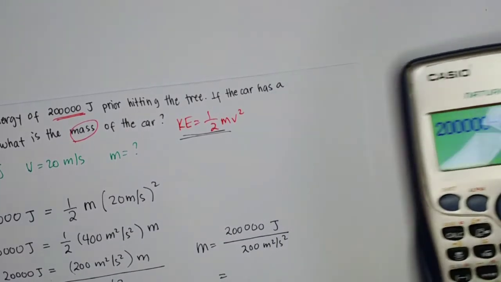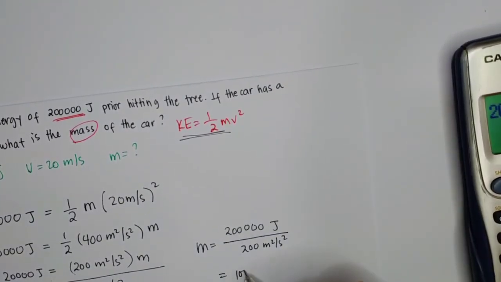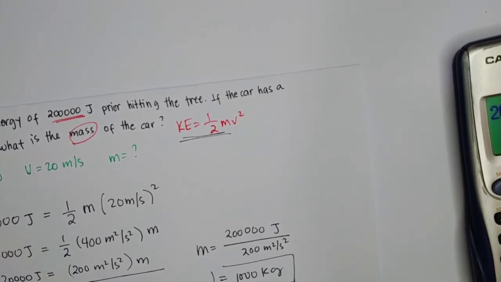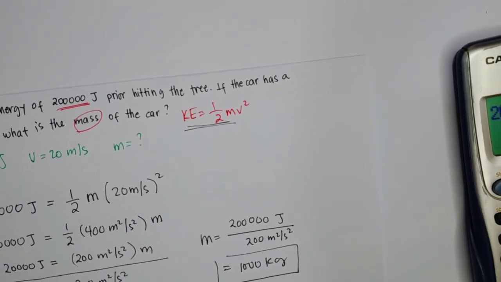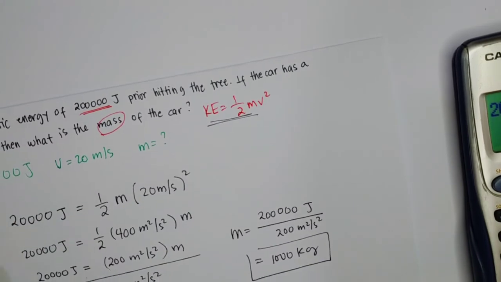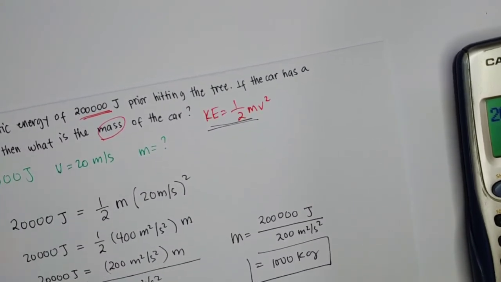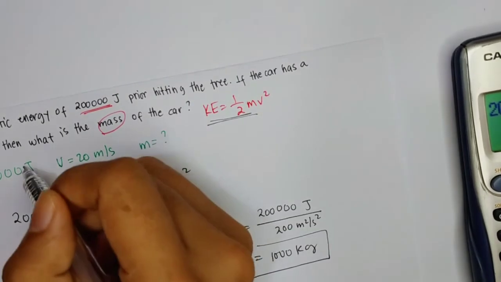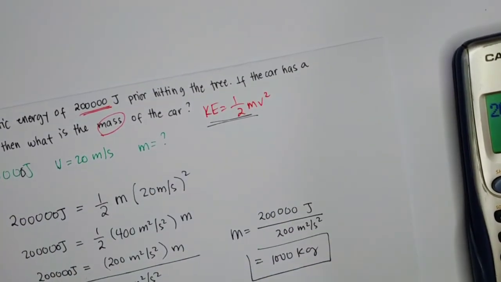That is 1,000 kilogram. So, yan yung mass ng sasakyan natin. Okay? So, again ha, that is 20,000 yung joule. Okay. So, kulangan pala tayo ng 0 dito. Okay. So, ayan. Kulangan lang tayo ng 0.